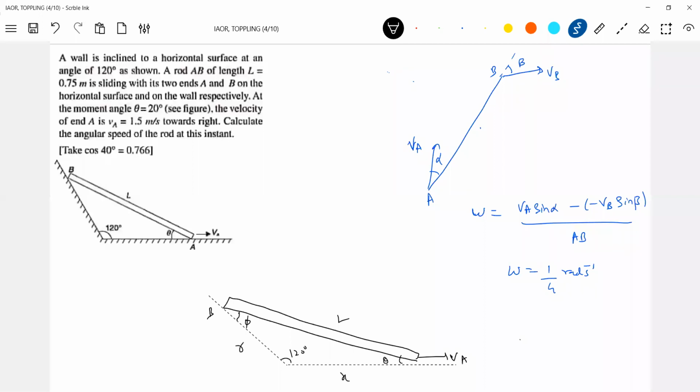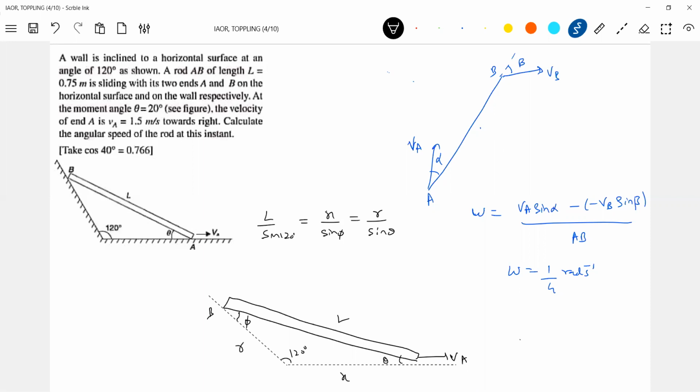So applying the sine rule, we'll get the relationship. What does the sine rule say? L by sine 120 degrees is equal to X by sine phi, equal to R by sine theta.